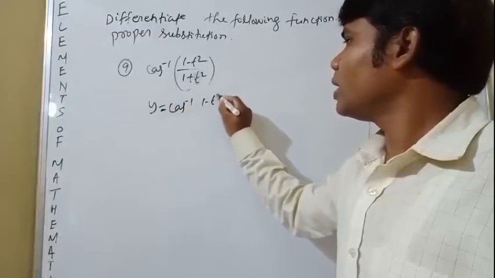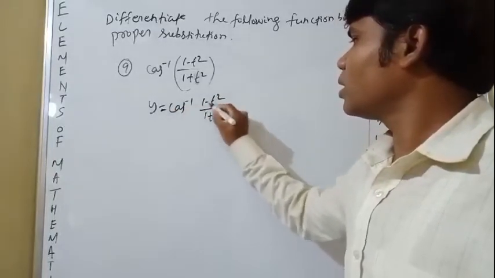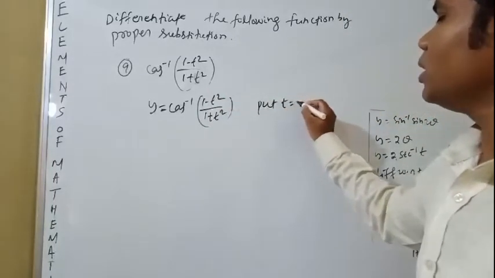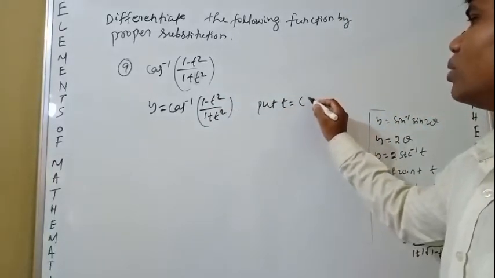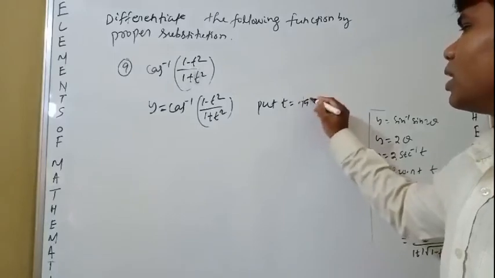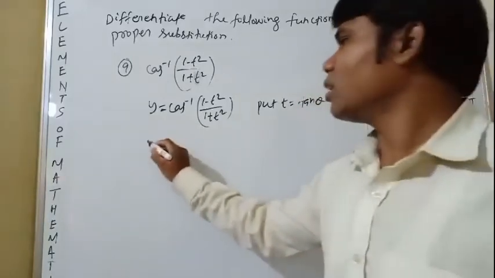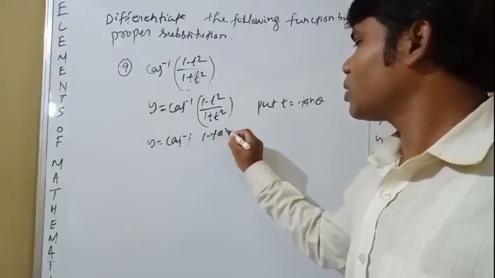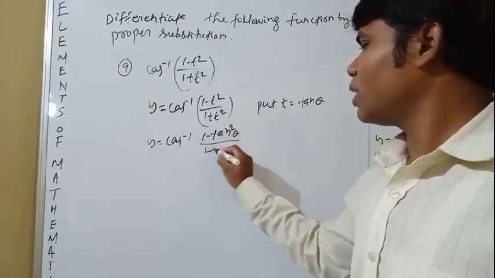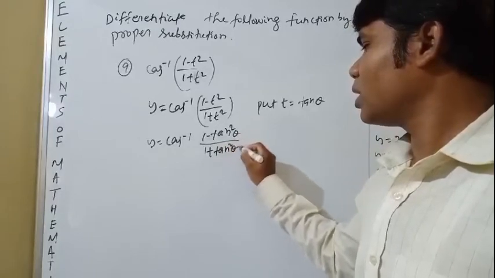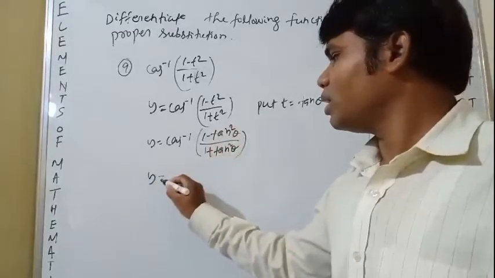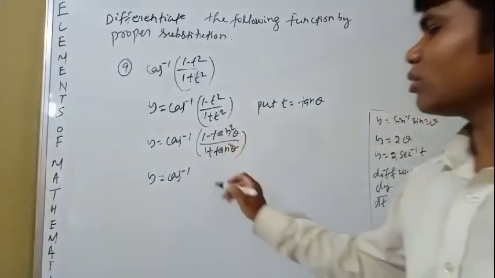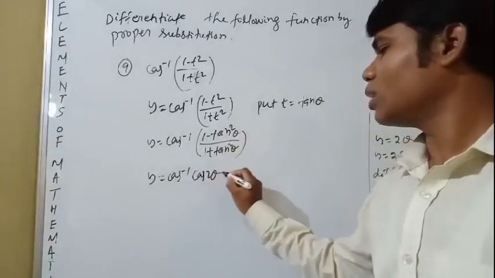Cos inverse of 1 minus t square by 1 plus t square. Put t is equal to tan theta. Okay, y is equal to cos inverse of 1 minus tan square theta by 1 plus tan square theta, that is cos 2 theta.